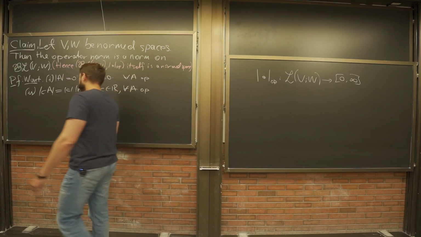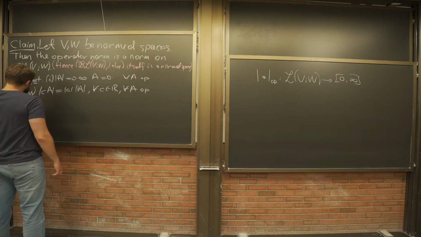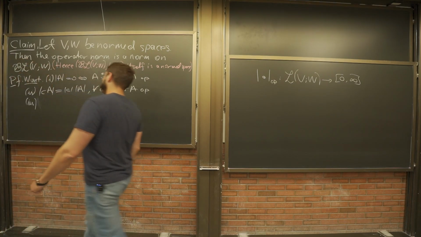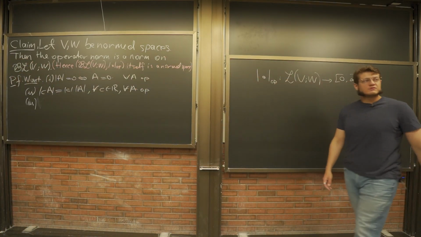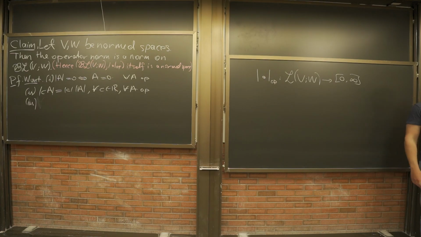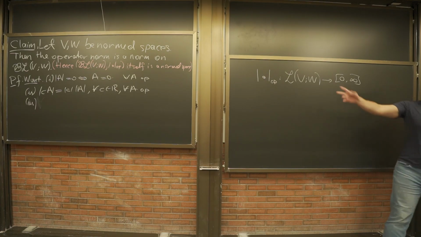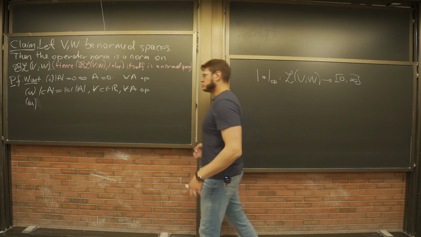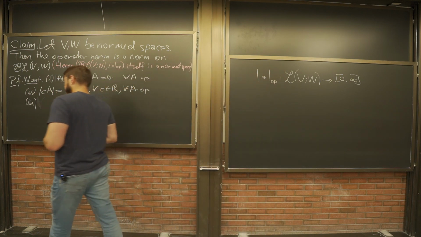And then the third one was what? We had this third property that was very important. These are sort of technical things, but the third one is really what makes the notion of a norm a geometric thing.